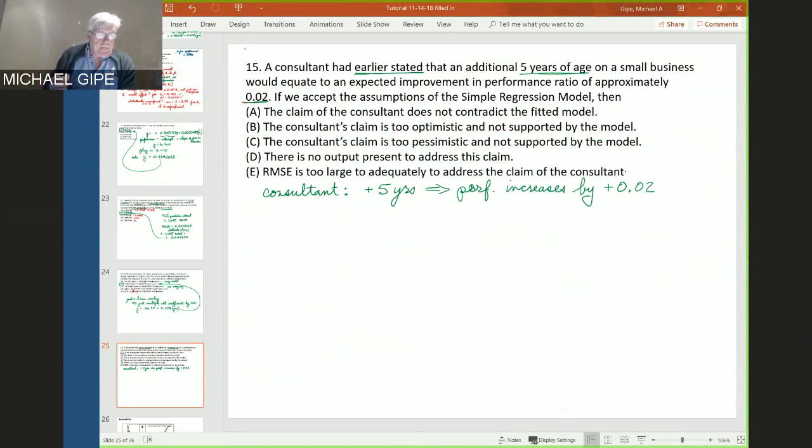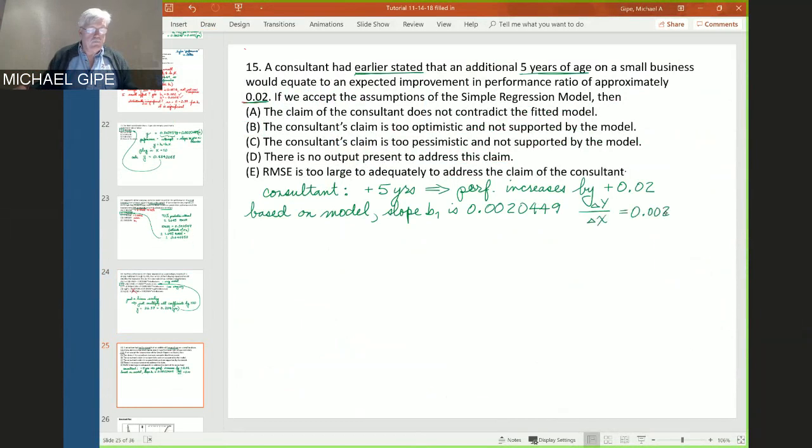But now based on our model, where the slope B1 is 0.0020449, that means that the change in y for a change in x is 0.002 roughly.